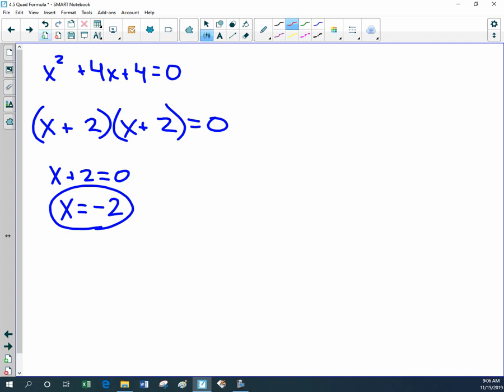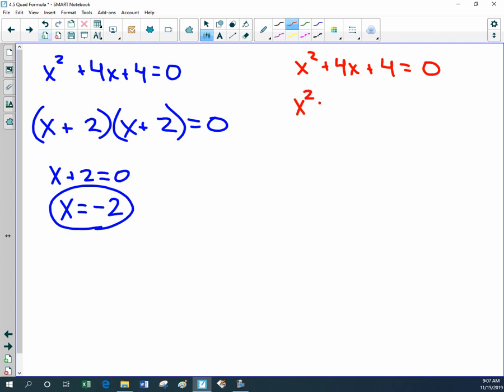Okay, now take the same problem, and let's go through our steps and solve this by completing the square. If you've noticed here, it's already a perfect square trinomial, so we could actually just factor this from here and accomplish what we need to. But to go through the steps of completing the square, we'll just pretend it's not.